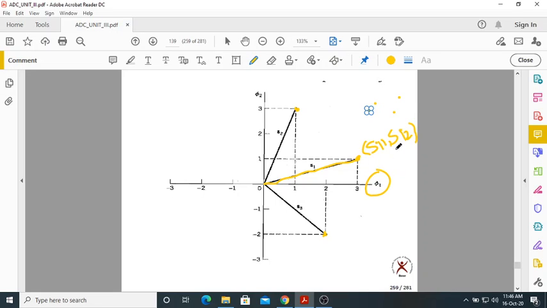Square root of S11 whole square plus S12 whole square. What is the length of this line? Square root of S21 whole square plus S22 whole square. What is the length of this line? Square root of S31 whole square plus S32 whole square. You know how to find length from the origin. This is 0, 0, this is S11, S12. You find out the length of the line.